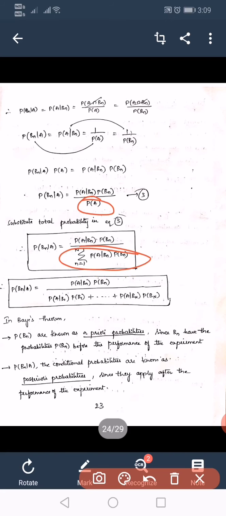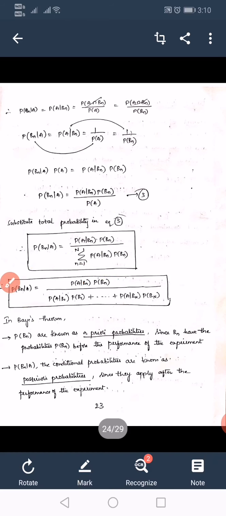So P of Bn given A equal to P of A given Bn into P of Bn by summation n equal to 1 to n P of A given Bn into P of Bn. Expand this one and write, this is Bayes theorem. Okay, so in this Bayes theorem, this P of Bn is called prior probability or a priori probability, and P of Bn given A is posterior probability.